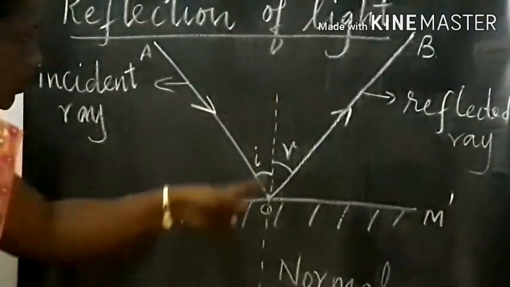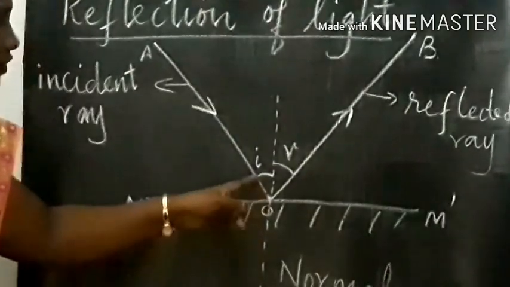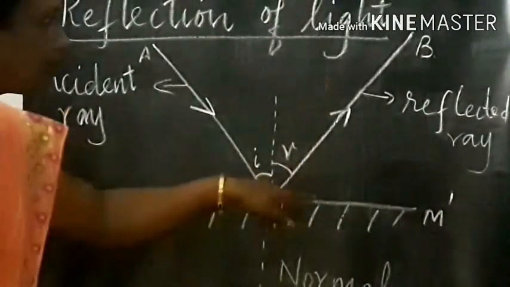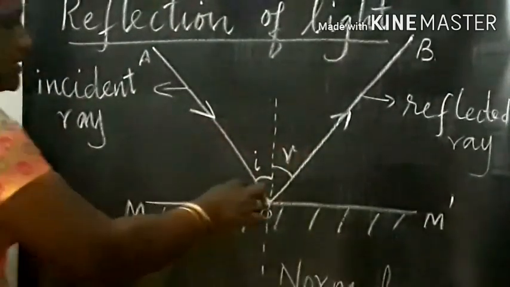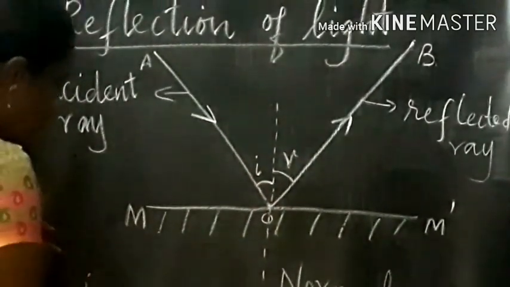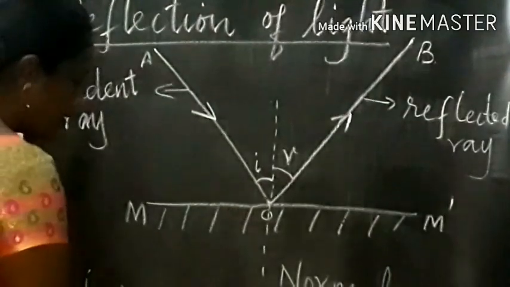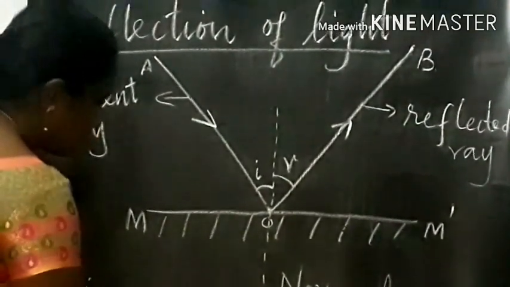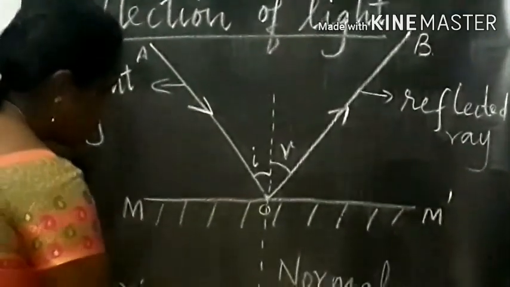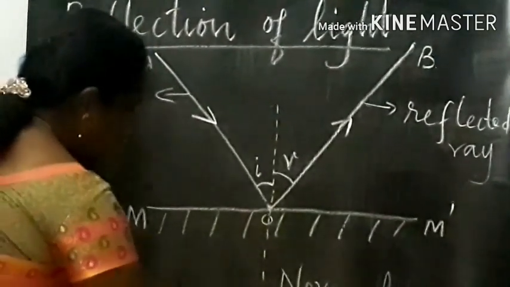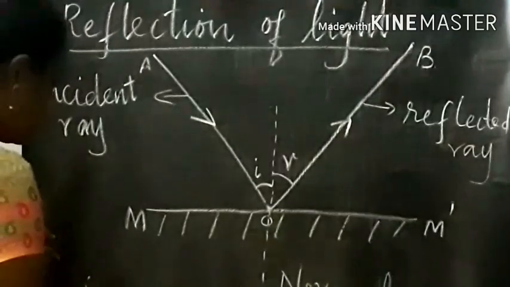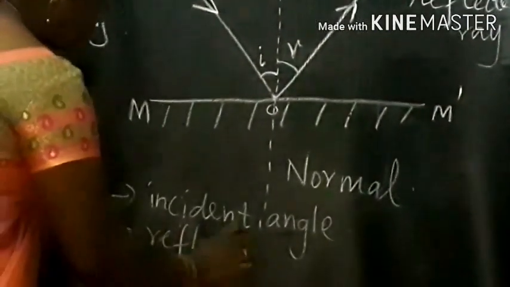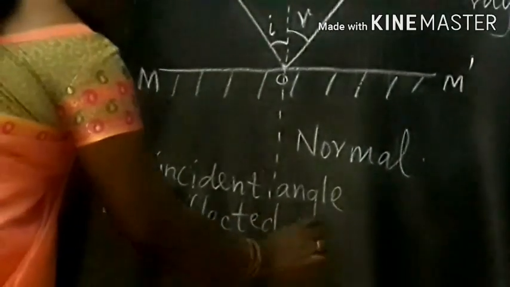This angle I is called the incident angle, and R is called the reflected angle.